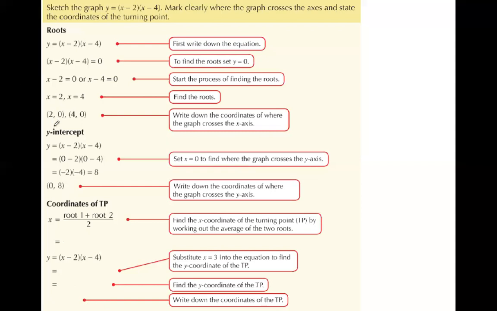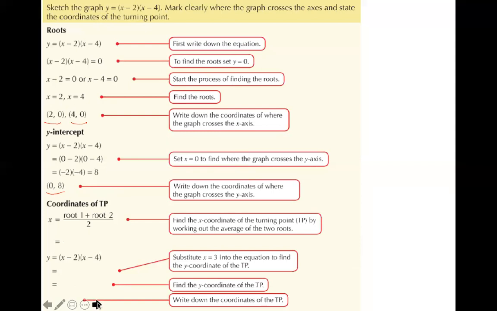So you've got this called the x-intercepts or the roots. This the y-intercept. Now the turning point is between root 1 and root 2, because we've noticed that we've got a line of symmetry. So what you do is you do root 1 plus root 2 and then you half it, and that should give you the turning point.